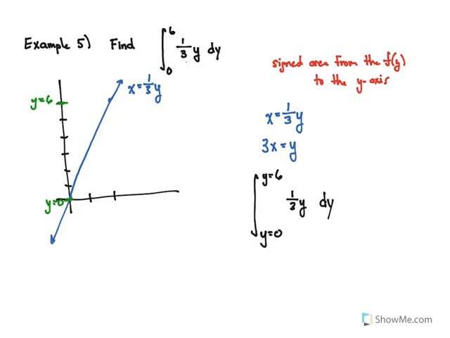And if you just turn the paper 90 degrees, you can see this would be very similar to our problems we did before. But the area we're looking for here is the area from the function to the y-axis. And that area would be 1/2 times 2 times 6, or 6 units squared.